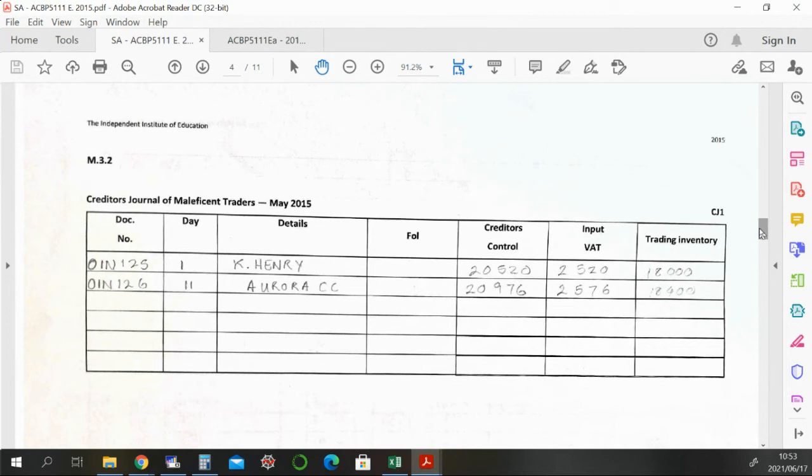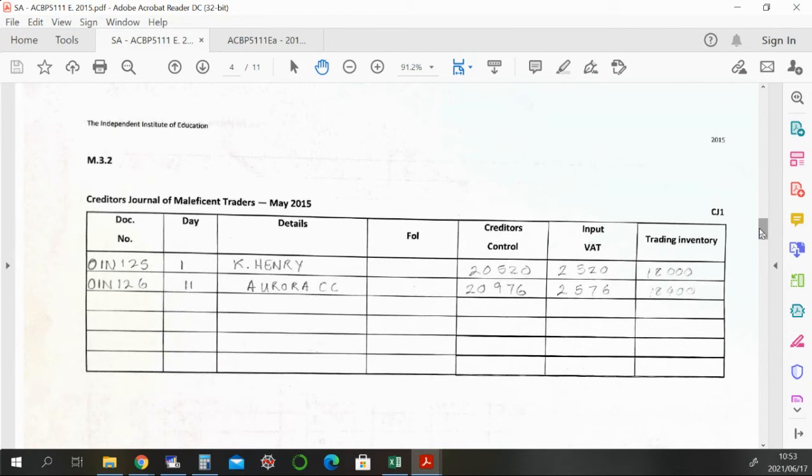But yeah, so the first transaction we had for the Creditors Journal happened on the 1st, with K. Henry. There we know we're just plugging in the VAT inclusive amount under creditors control. We calculate the input VAT, since here we were buying trading inventory, and then we plug it in over trading inventory.